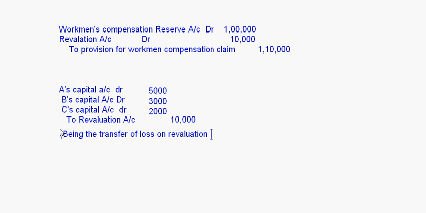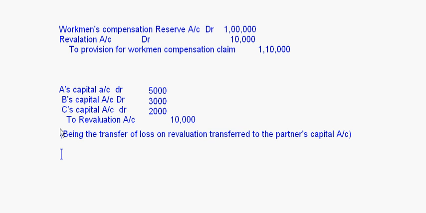Being the transfer of loss on revaluation transferred to the partners' capital account in their old profit sharing ratio. Okay.